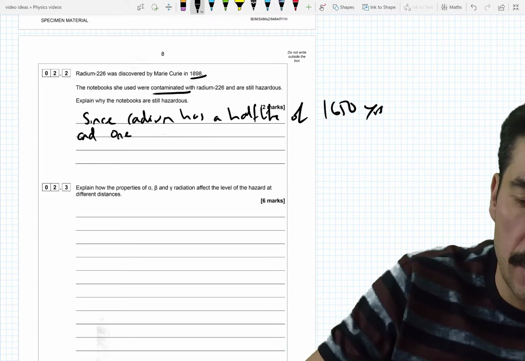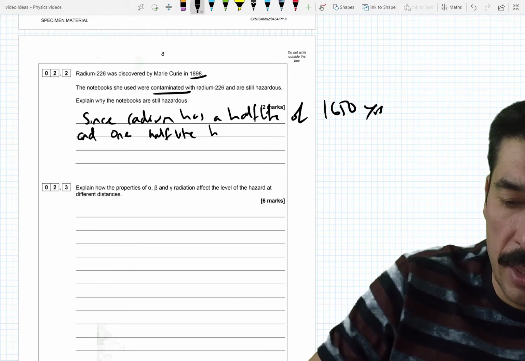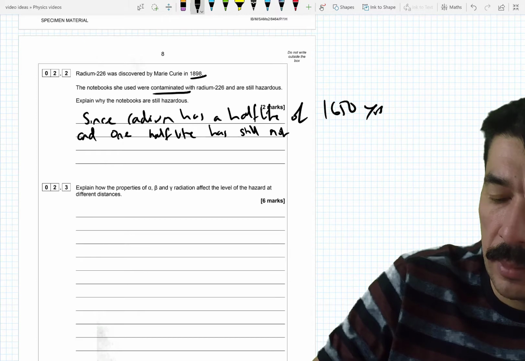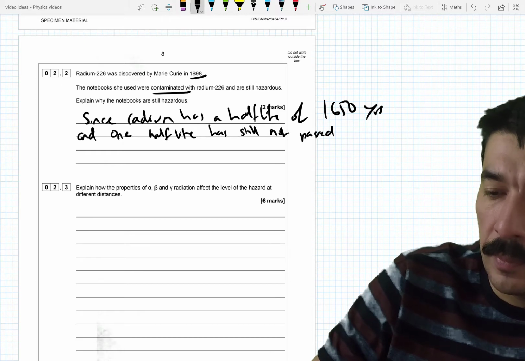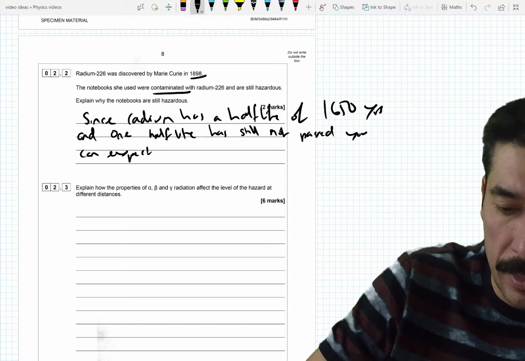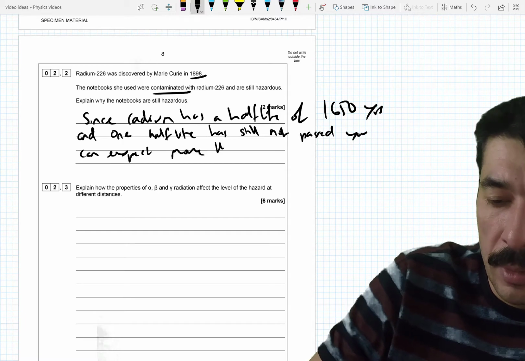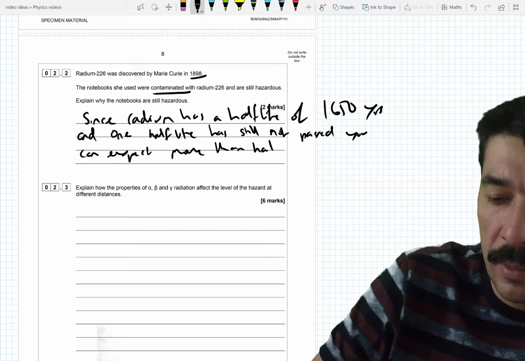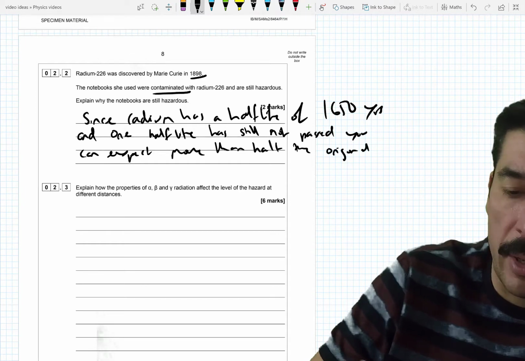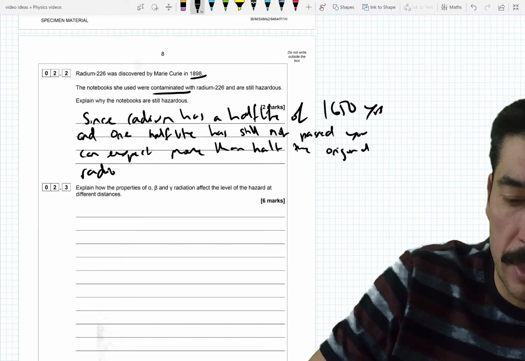One half-life has still not passed. You can expect more than half the original radioactivity to be present.